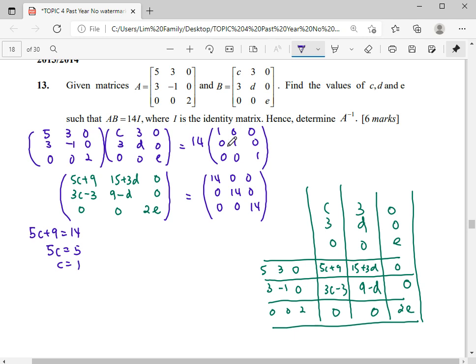Then we find D. I can take 15 plus 3D and make it equal to 0, or I take the second one, 9 minus D, and make it equal to 14. So 9 minus D equals 14, negative D equals 5, then D equals negative 5. Then for element E, I only find E here: 2E equals 14, so E equals 7. This is how we find C, D, E.